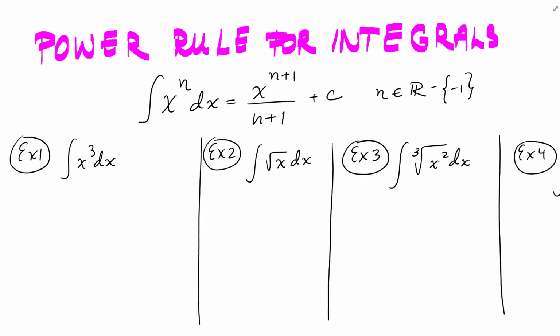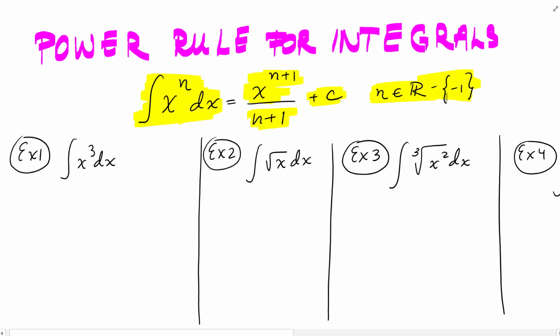In this video, we're gonna solve some problems that show up when integrating using the power rule. So first of all, the formula is: the integral of x to the n dx equals x to the n plus 1 over n plus 1 plus a constant, for any real number n except negative 1.